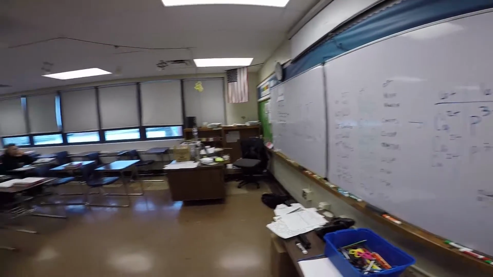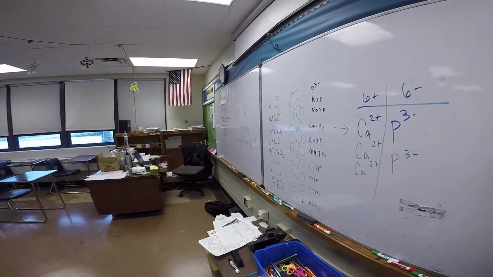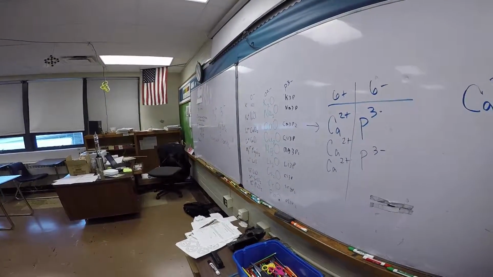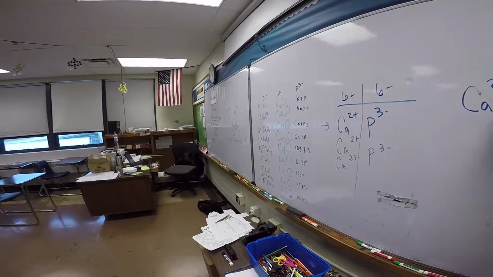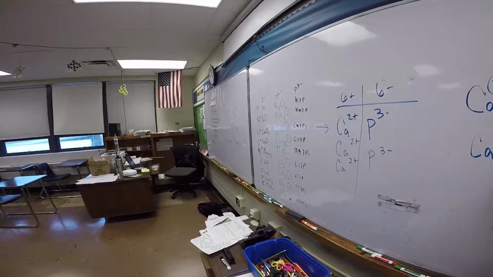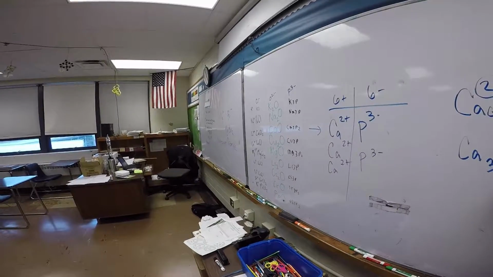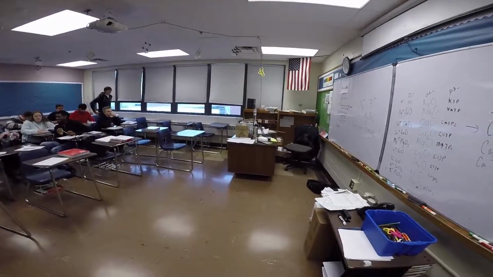Now, if you don't have a lot of time on a test to do this, you can do something called the Crisscross Method. That is, the charge becomes a subscript. So this goes here, and this goes here, so it ends up being Ca3P2. Now, there are some exceptions to this.